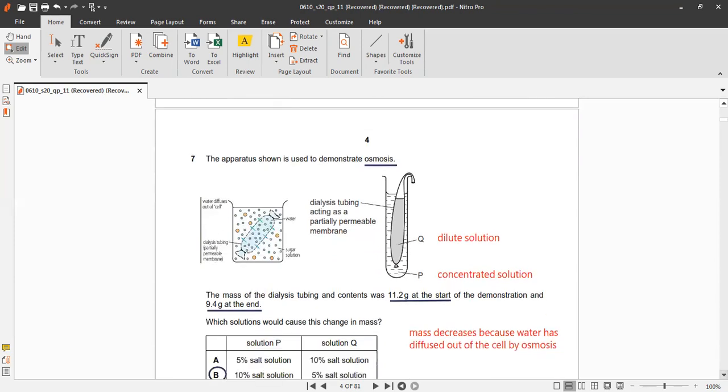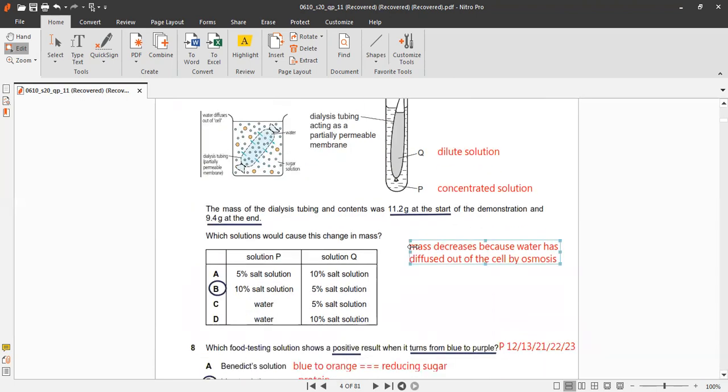The apparatus shown is used to demonstrate osmosis. The mass of the dialysis tubing and contents was 11.2 gram at the start of the demonstration and 9.4 gram at the end. Which solutions would cause this change in mass?